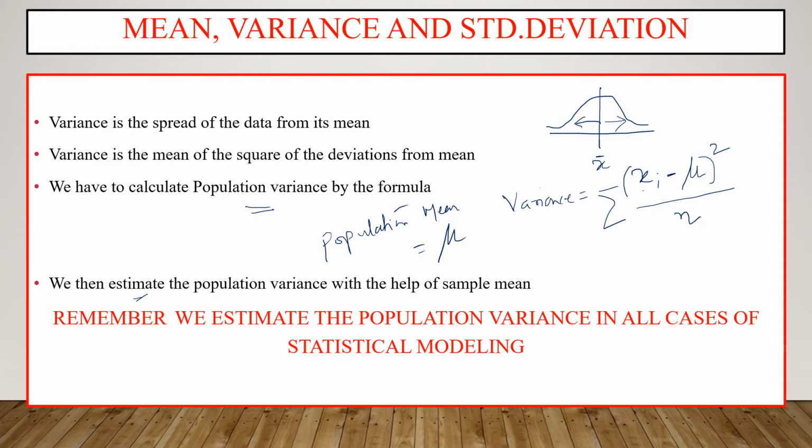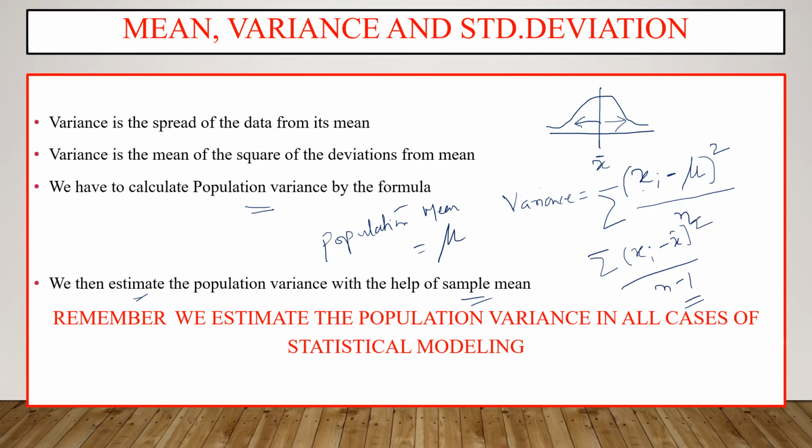But if we are calculating the population variance with the help of the sample mean, then the formula will be summation of xi minus x bar whole square by n minus 1. Here we are not dividing by n, but by n minus 1, to compensate for the fact that we are estimating the population variance from the sample mean and not from the population mean mu.